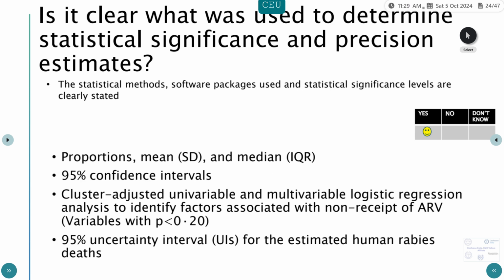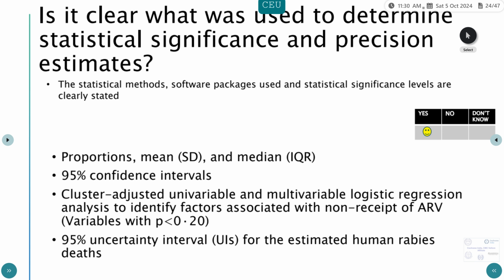So, is it clear what was used to determine the statistical significance of the estimates? We want to know whether correct statistical methods were used. Here they have looked into proportions, mean, standard deviation, median, IQR where applicable, and talked about 95% confidence intervals for the descriptive analysis.